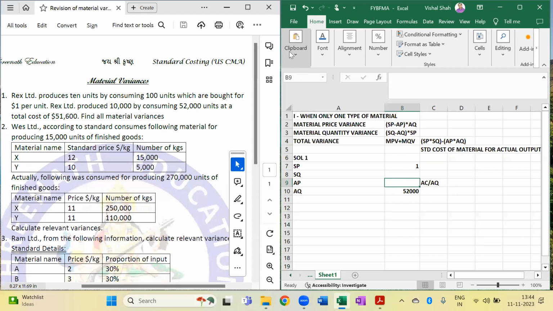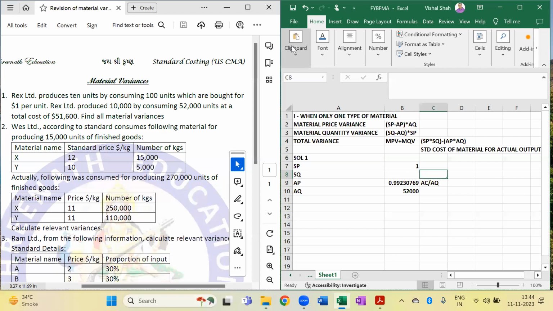So AC is 51,600, divided by 52,000. This is your AP. Sir, AP is not a perfect number. Okay, no problem.